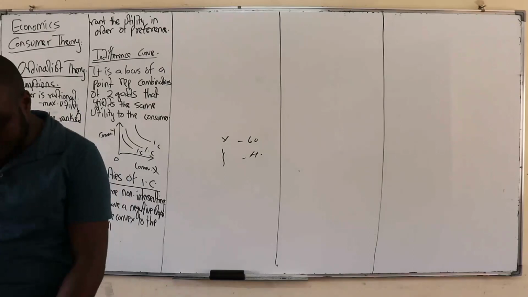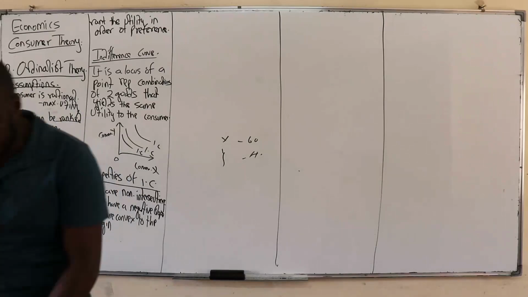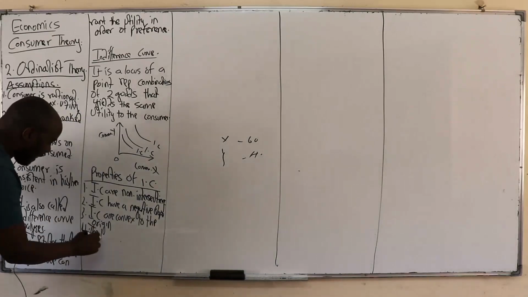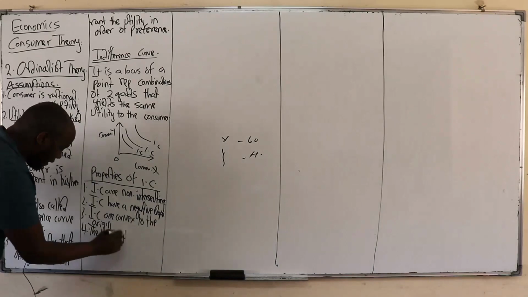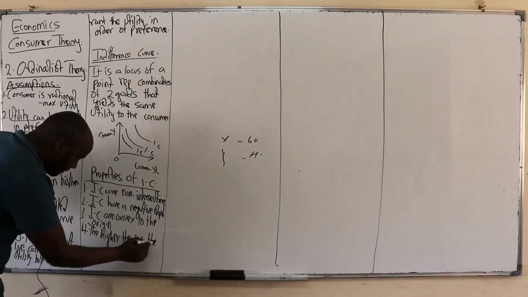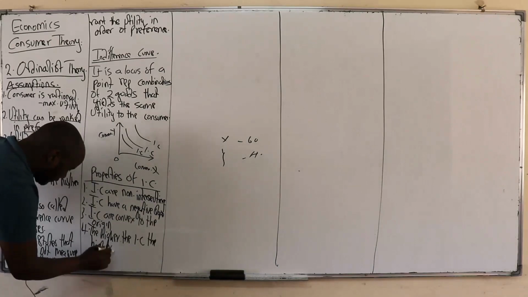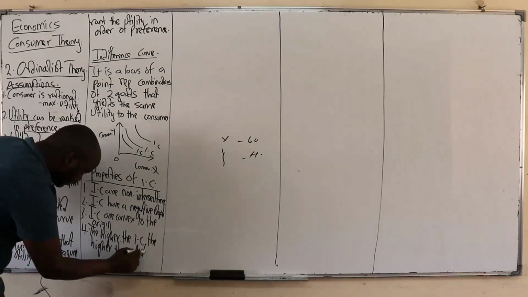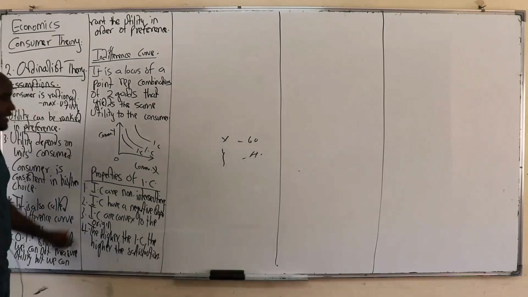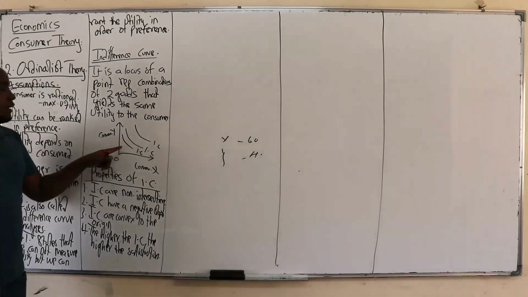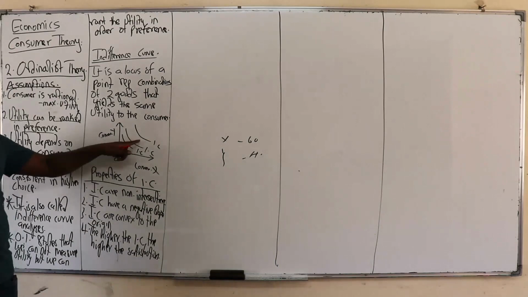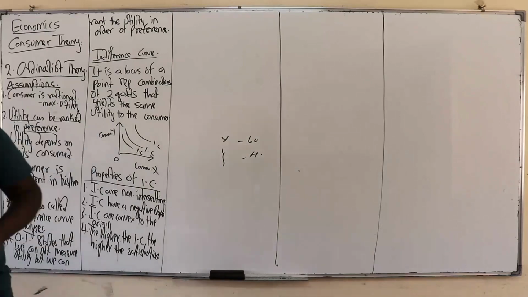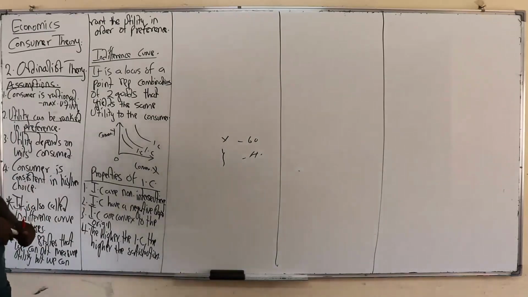Then the next one is the level of satisfaction: the higher the indifference curve, the higher the satisfaction. That means this indifference curve has less satisfaction compared to this indifference curve, such that the higher the indifference curve, the higher the level of satisfaction.